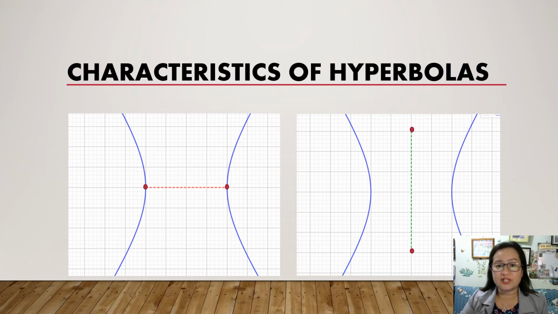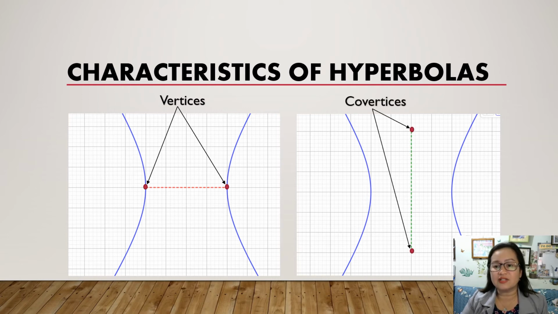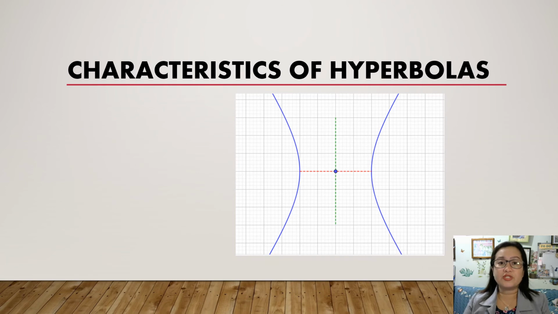In other words, the vertices are the endpoints of the said axis. On the other hand, the endpoints of the conjugate axis are called covertices. The point of intersection of the two axes is called the center of the hyperbola.